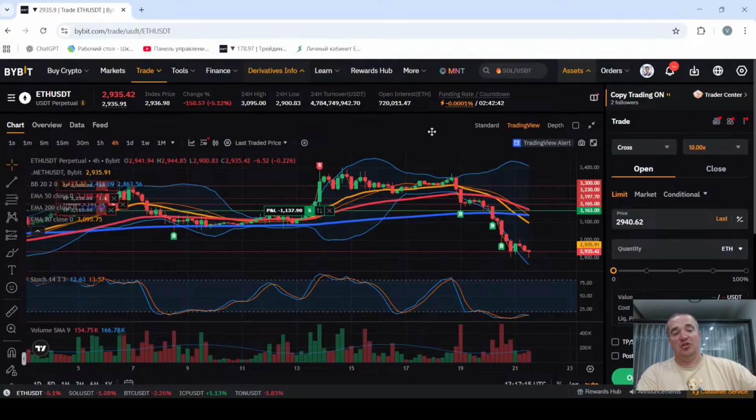So as I say, should we trust those situations? Okay, now if we say price is below the moving averages, it means a bearish market. Should it go down even more? But stochastic is in the oversold zone.